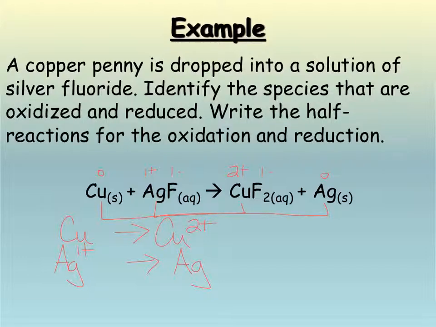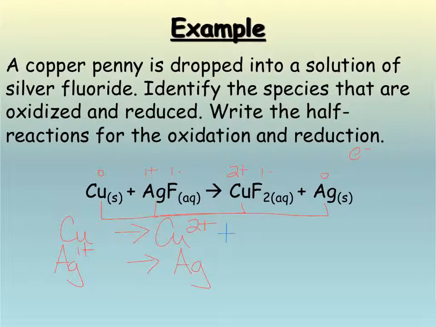Now I need to add electrons. We're going to abbreviate electrons as e with a little negative sign. In order to make my charges equal on both sides, or charge balance: this side I have a 0 charge, and on this side I have a 2 plus charge.